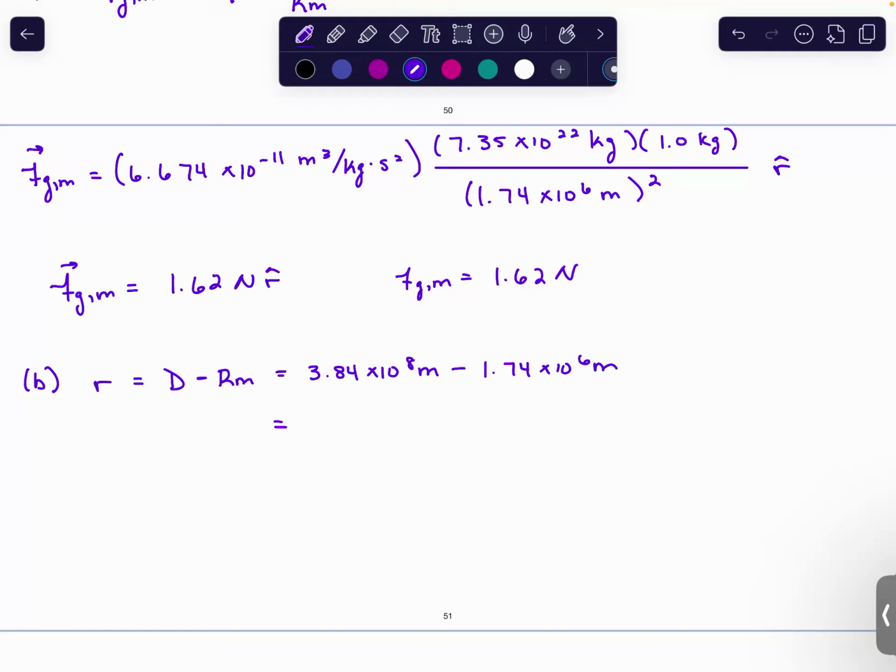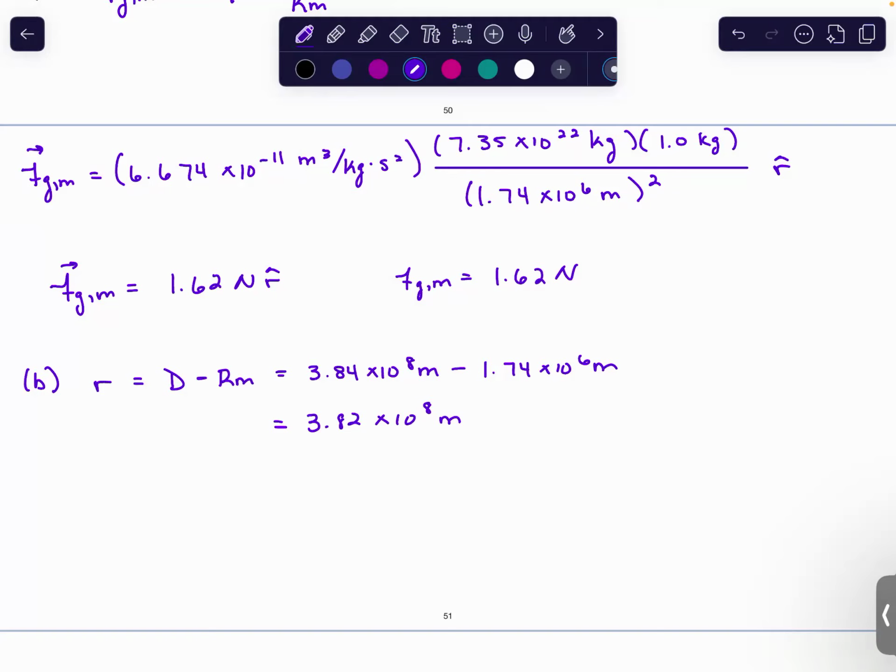And so r, the distance from the center of mass of Earth to the rock, is going to be 3.82 times 10 to the 8th meters. Now, granted, this isn't really changing things a whole lot. You see that essentially we probably could have just used the distance between Earth and the moon. But corrections like this are going to become important as you go deeper and deeper into physics. So it's good to go ahead and get used to them now.